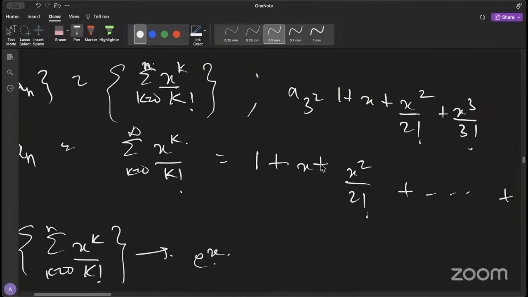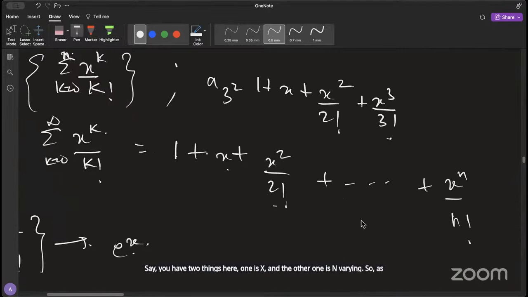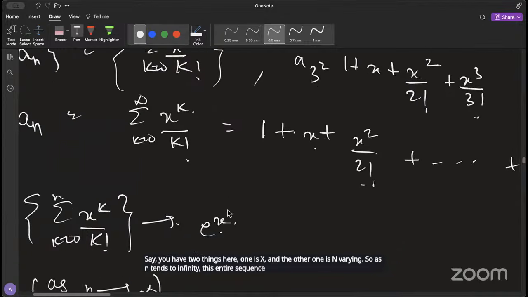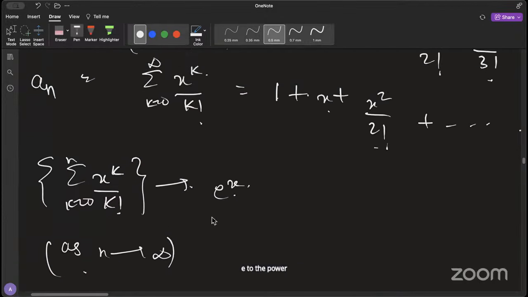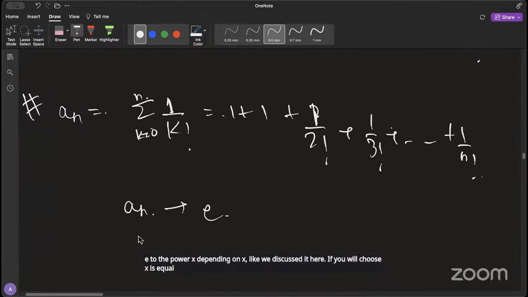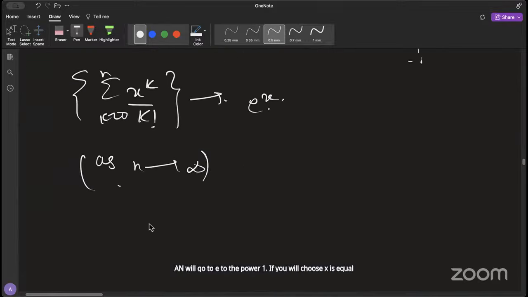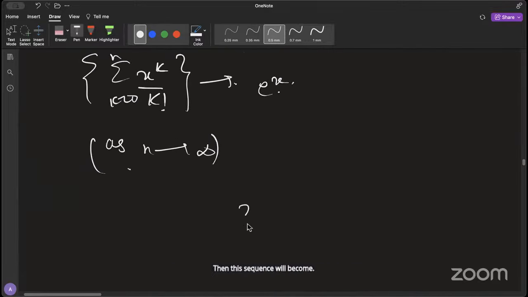You have two things here, one is x and the other one is n varying. So as n tends to infinity, this entire sequence goes to e to the power x, depending on x, like we discussed here. If you choose x equals 1, a_n will go to e to the power 1. If you choose x equals 2, then this sequence will become 2 to the power k by k factorial, k varying from 0 to n.